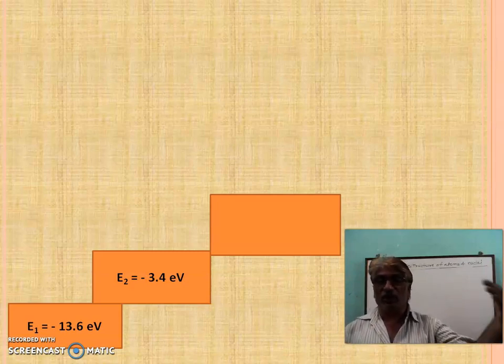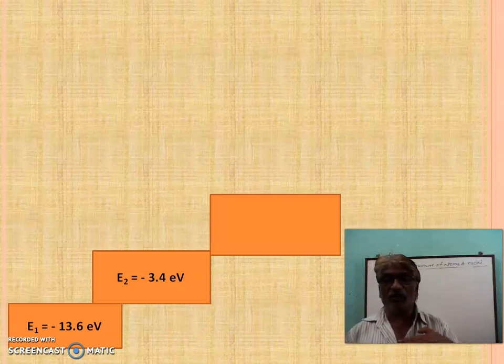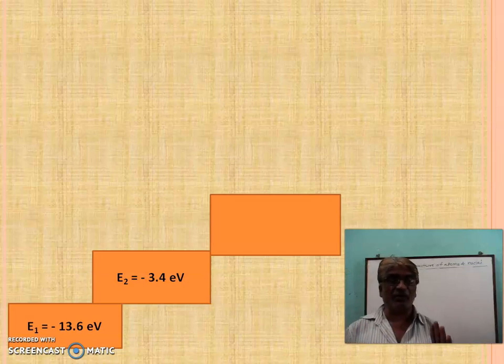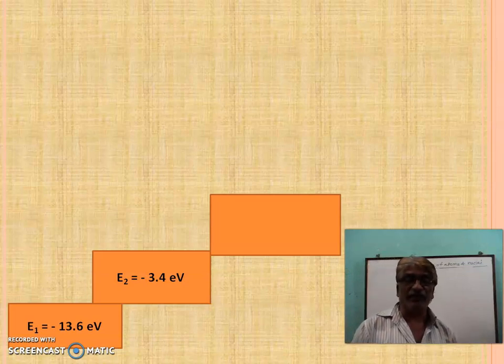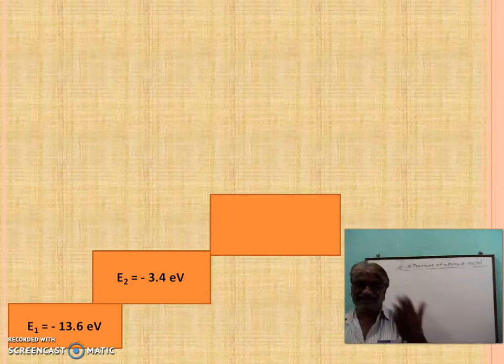That means E2 upon E1 is equal to 1 upon 2 square upon 1 upon 1 square, and 2 square is 4. Minus 13.6 upon 4 gives the value minus 3.4 electron volt, which is higher energy.